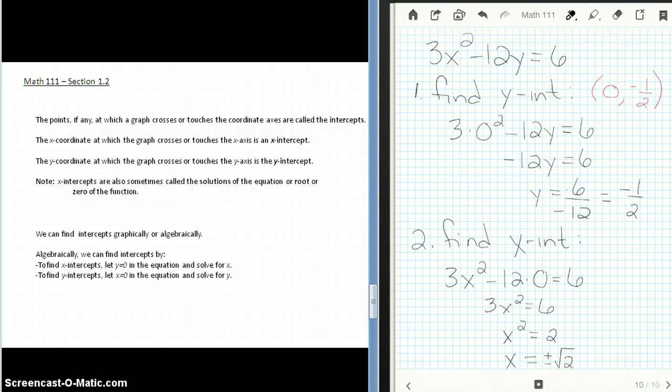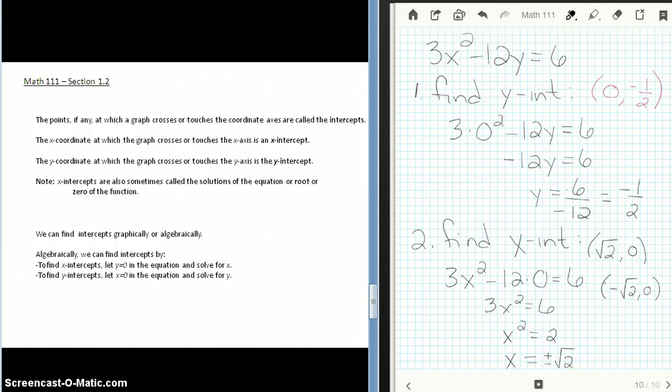And this is our x-intercept, remember? So that means we have what? Our ordered pair is on the x-axis, so x values and then nothing for y. So we would have the square root of 2, comma 0, but this one tells us we have 2 answers. So we also have negative square root of 2, comma 0, and those should have been pink to match the other ones, but that's okay.